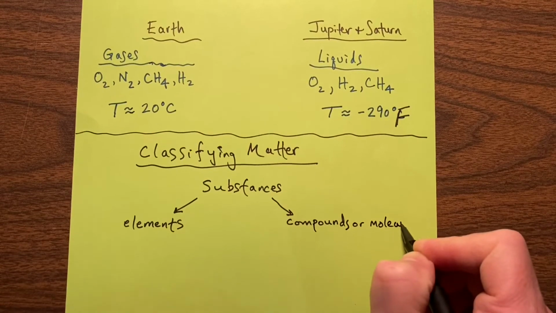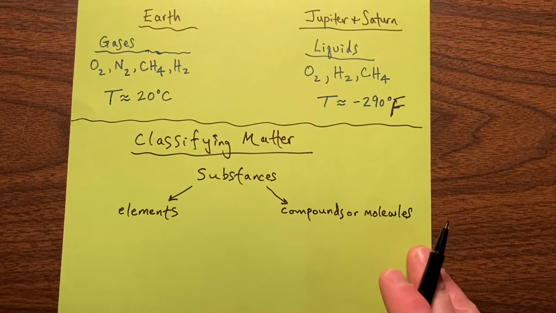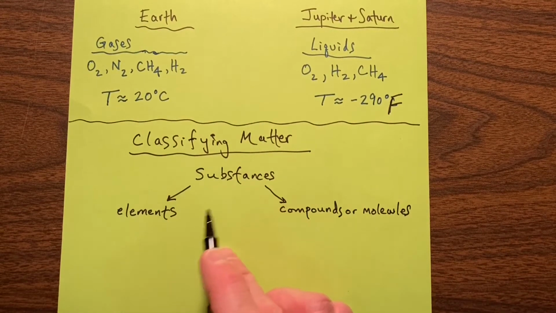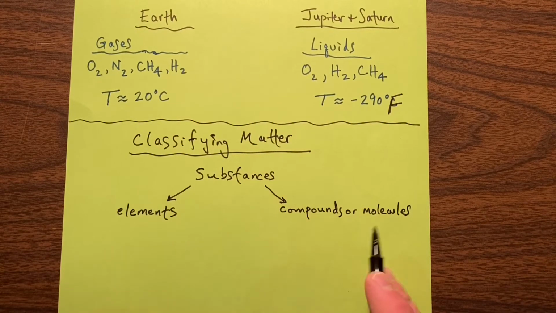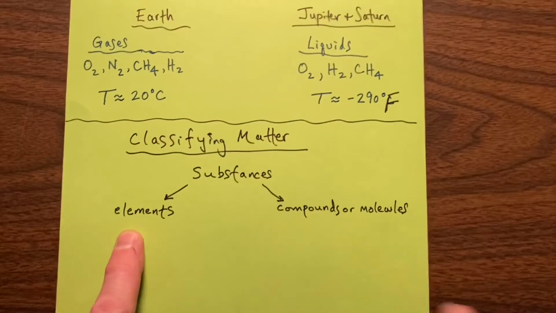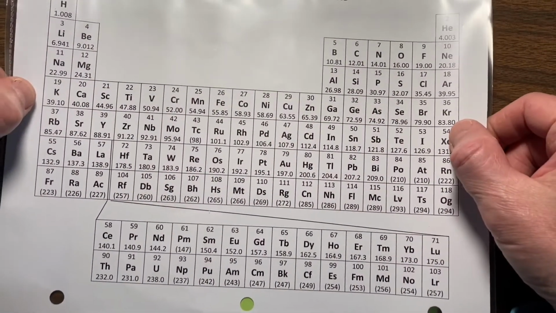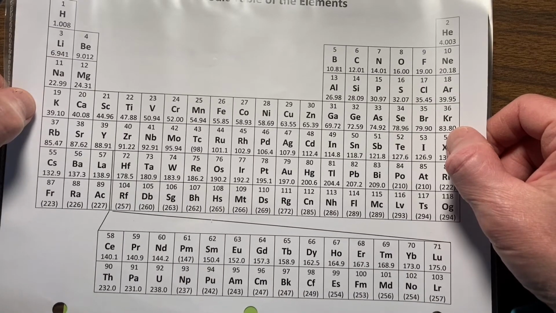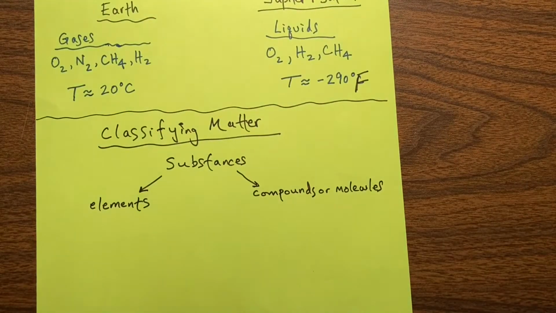So we can further classify matter. We call a generic thing out there matter or a substance. A substance is either an element or a compound or a molecule. What distinguishes an element from a compound? Remember, I said that these are the elements. These are atoms that are made of just one type. Elements are things that are made of one type of atom, whereas compounds or molecules are made of more than one type of atom.